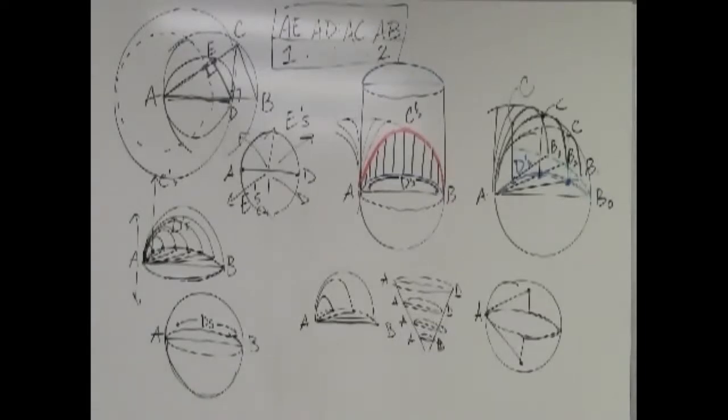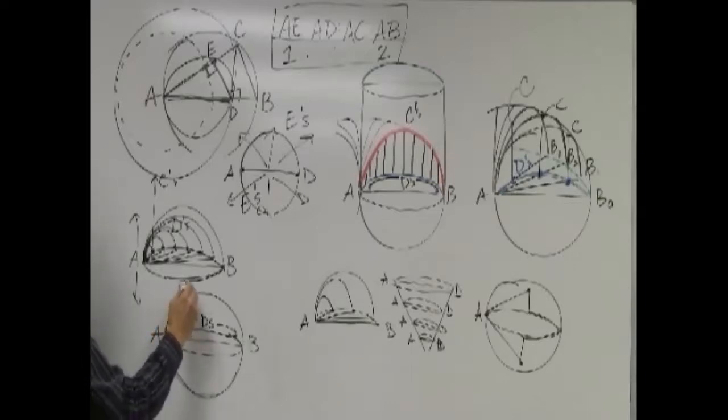So if I pick a point up here in the back of our sphere, I can draw a line from A to E, and then I can draw a 90-degree angle to some point along the equator.